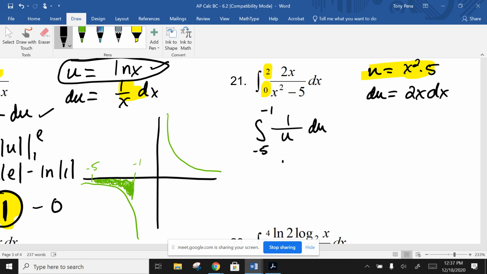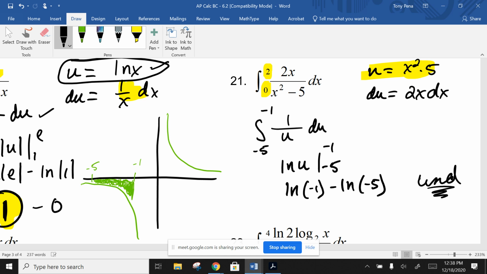So if I took this antiderivative and I don't use a natural log at this point, we have a problem, because I'm going to now plug in the upper limit, use parentheses, and the lower limit. Can we take the natural log of negative numbers? No. And if we tried to, we would say that this is undefined. We can't take the natural log of negative numbers.